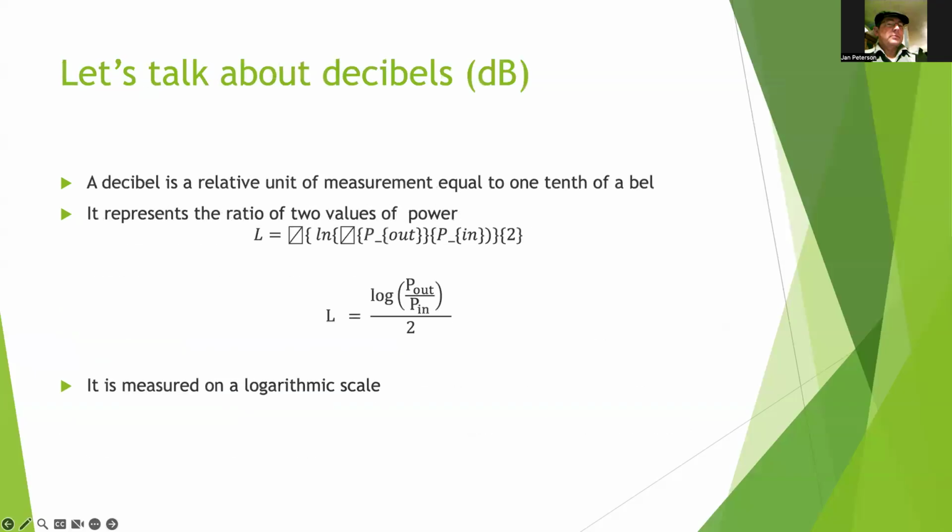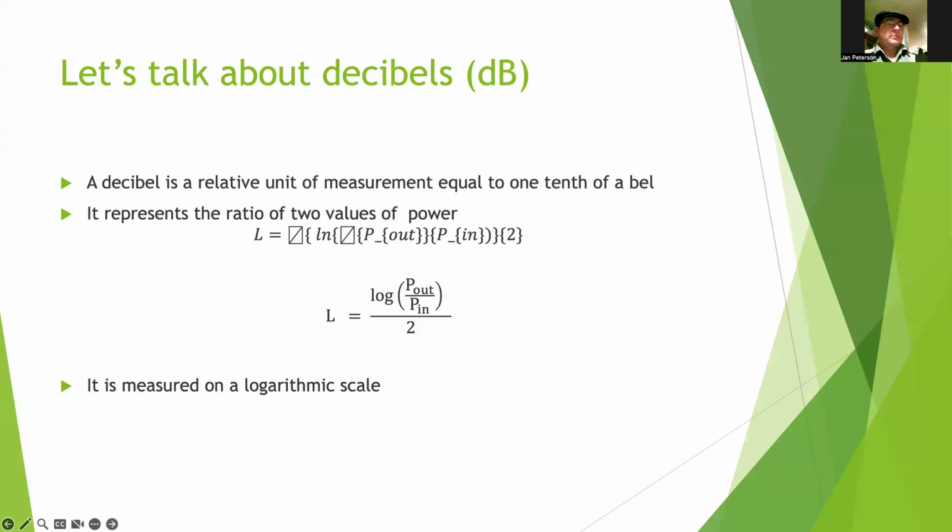Let's talk about decibels for a minute, because decibels always confuse me. A decibel is a relative unit of measurement equal to 1/10 of a bel. Now, that's another one of those great definitions. What the heck's a bel? The bel is a unit of measure that was named after Alexander Graham Bell. For whatever reason, they dropped an L and they call it bel, B-E-L.